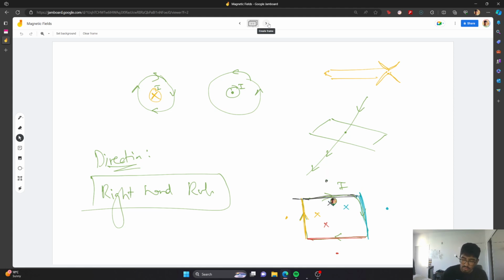On the whole, if you have a current carrying loop, all of the magnetic field lines look something like this. All of them go into the loop on the top and come out of the loop on the bottom. So in this middle area, the highlighted area, let me make it a different color.